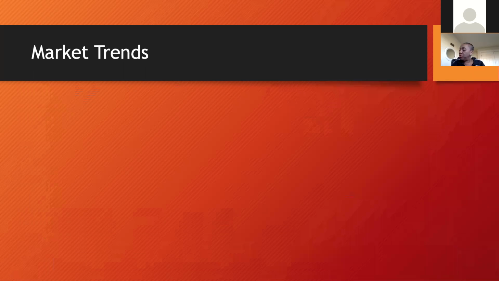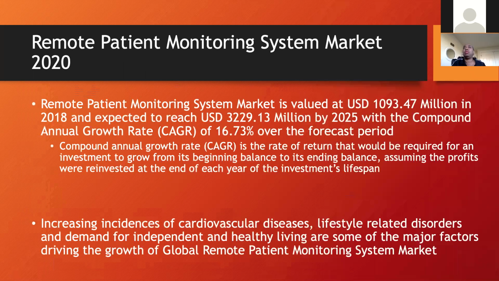So in the next few minutes, I want to talk about market trends. Why? It's good to know what's happening in the market. So what's the market value for remote patient monitoring systems? Remote patient monitoring systems, market value in the US, in US dollars.